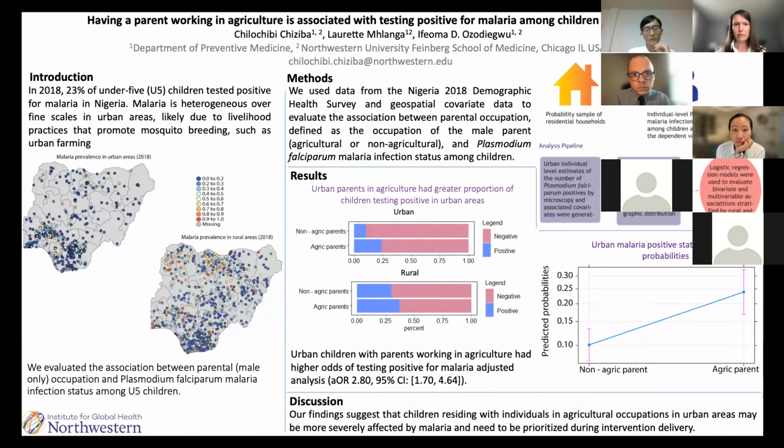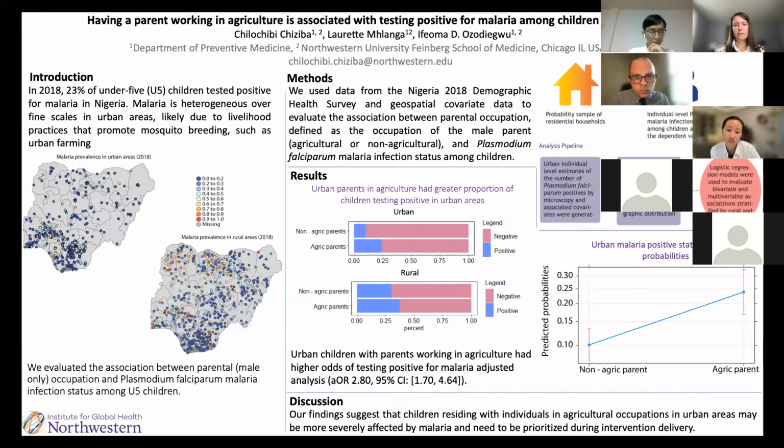However, malaria is heterogeneous over fine scales in some urban areas, as seen in the map on the left. There we can see the map showing the heterogeneity in both urban and rural areas.